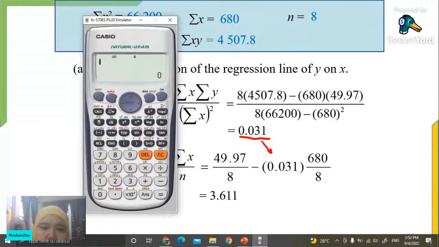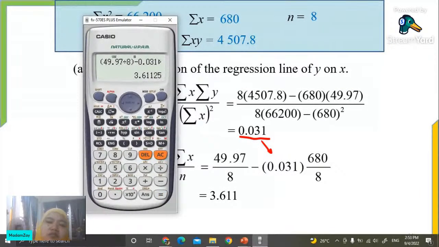Okay, so let's check together. It's in the bracket of 49.97 divided by 8, close bracket, minus 0.031 multiplied by 680 divided by 8, so 3.61125.